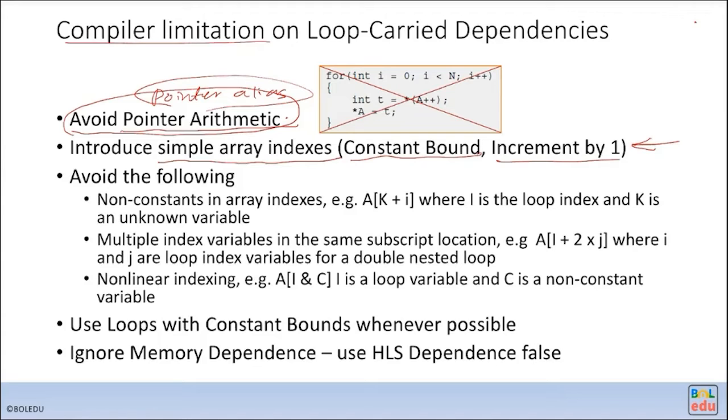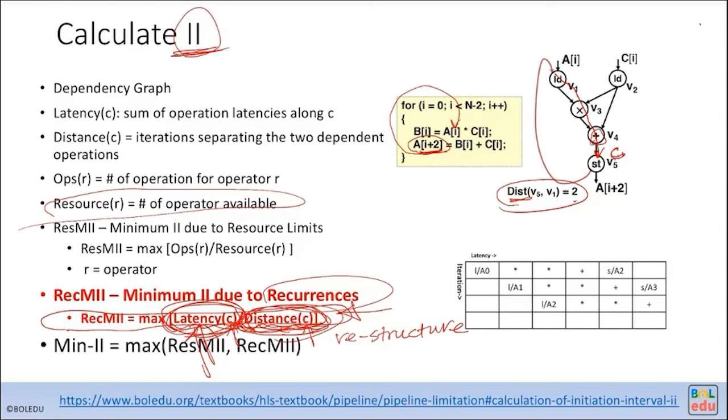And you really need to avoid the following coding. For example, a non-constant array index, where k is an unknown variable. In this case, the compiler really cannot calculate the distance from the previous iteration.